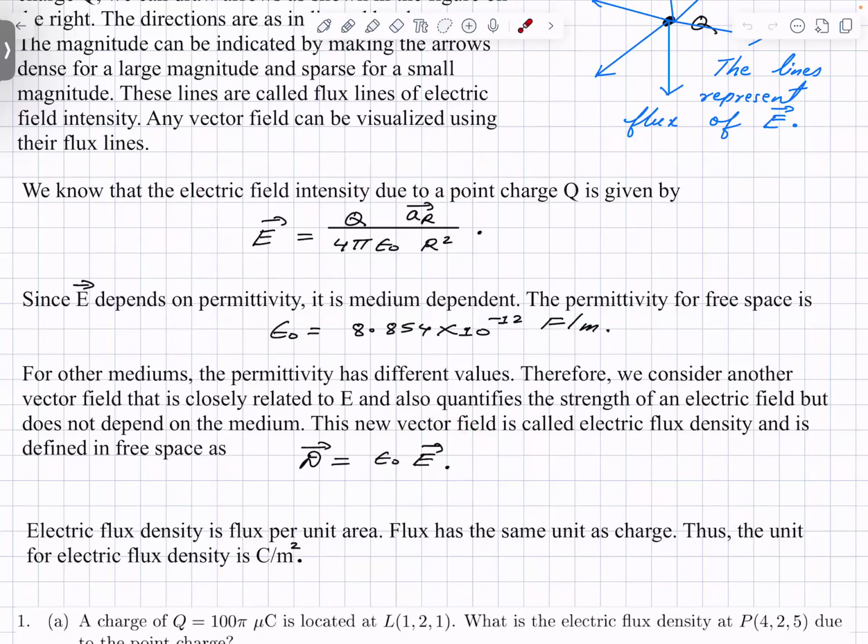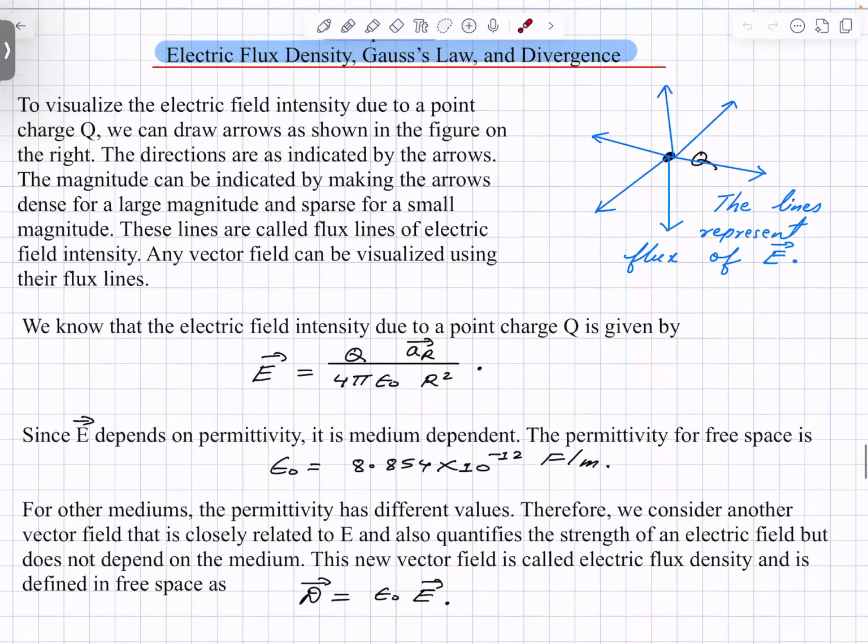This electric flux density can also be visualized by drawing its flux lines. We can draw arrows corresponding to the flux of electric flux density. And the flux lines of D, electric flux density, are more closely related to charge. So flux lines of electric flux density are more common in electromagnetics.